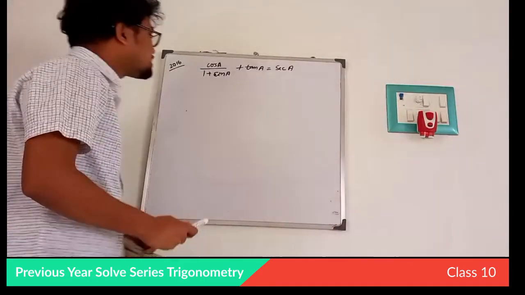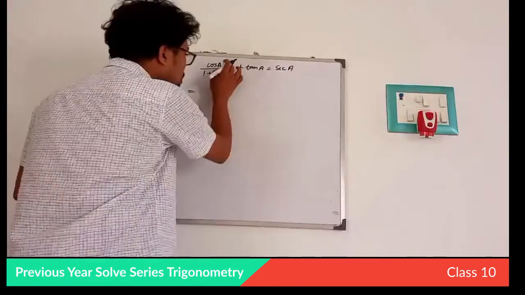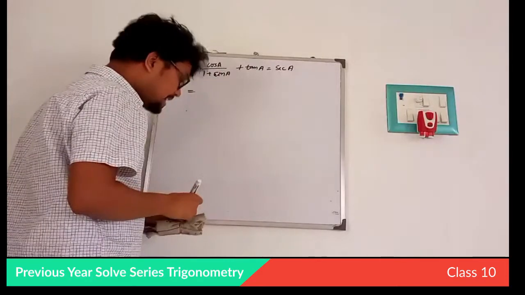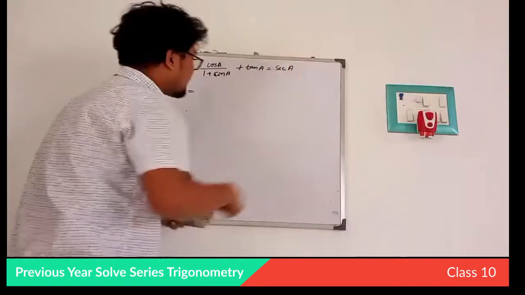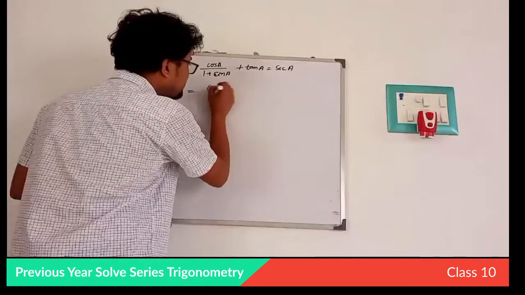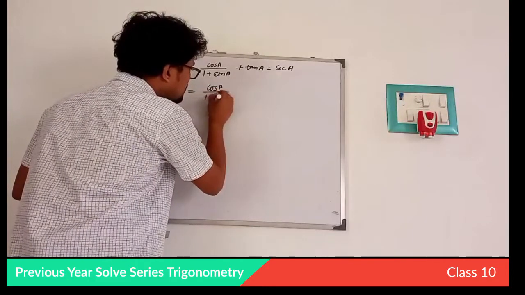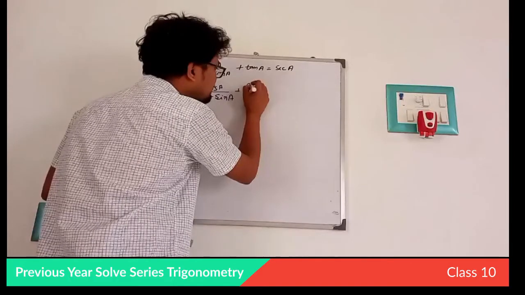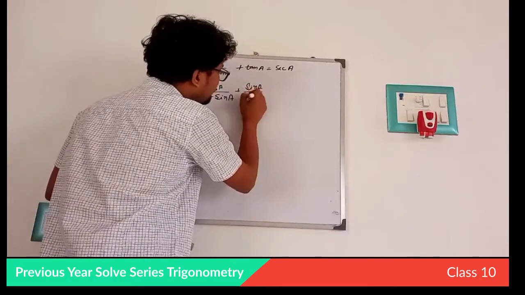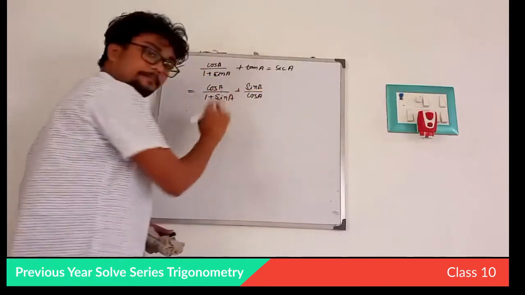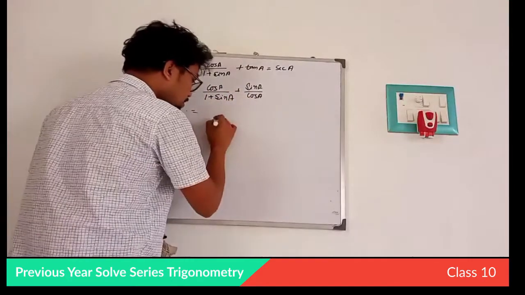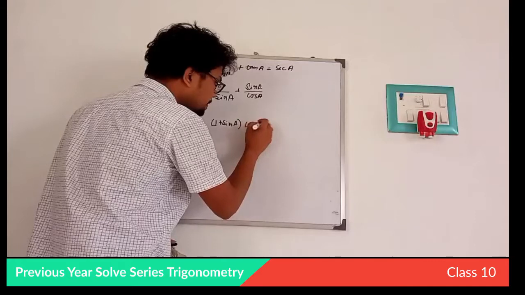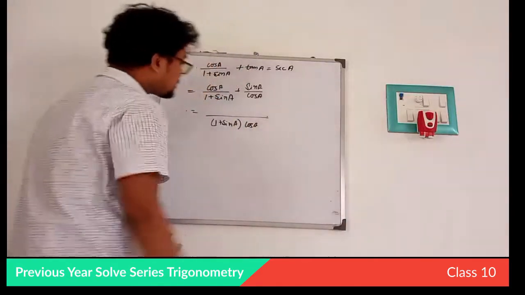So this is our next problem, which came in 2016. Cos A by 1 plus sin A plus tan A equals sec A. So we first convert tan A to sin A by cos A. Right? Now we take the LCM: 1 plus sin A into cos A. So what do you get?